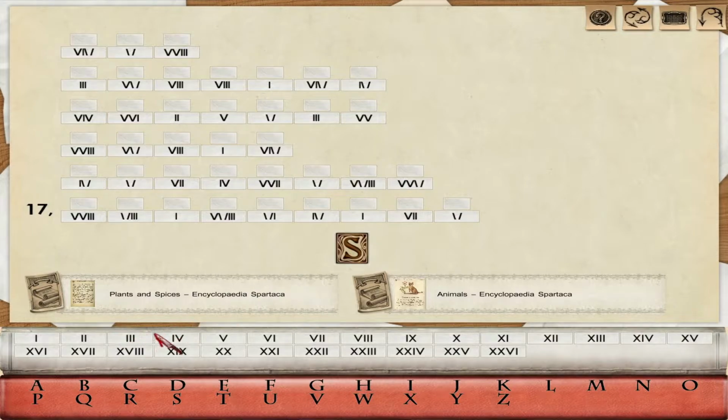We have French. As I was saying, we have Roman numerals and letters. Roman numerals and letters.